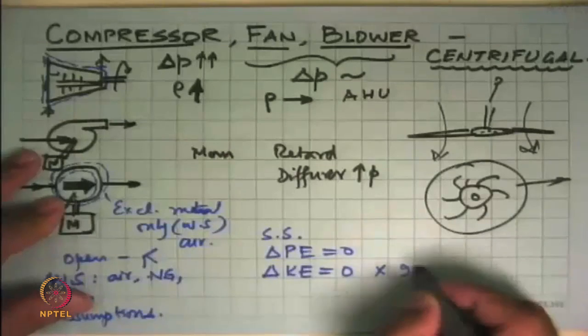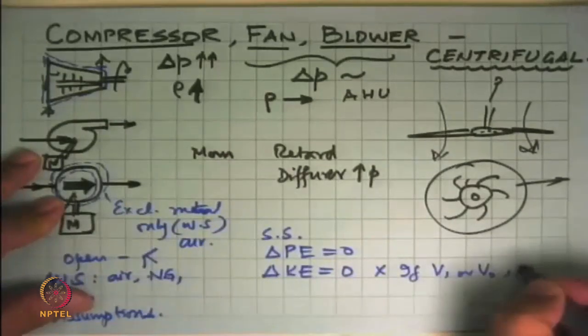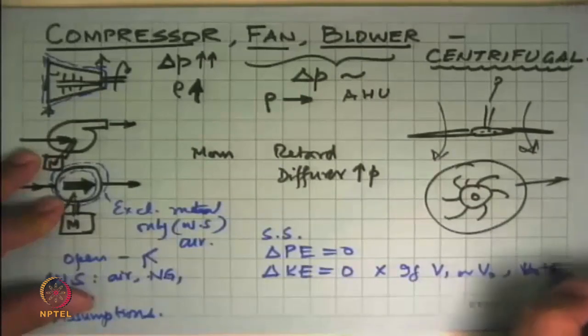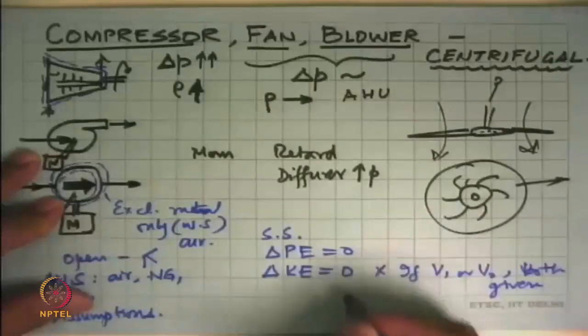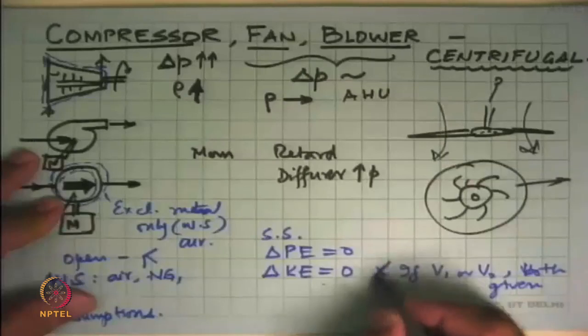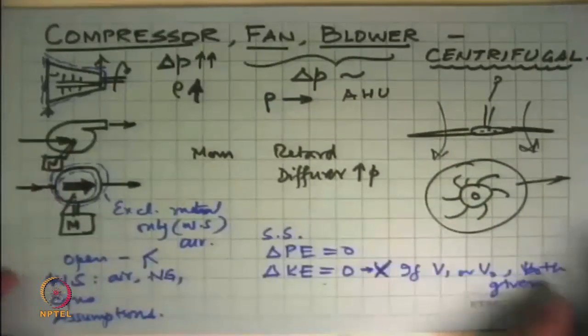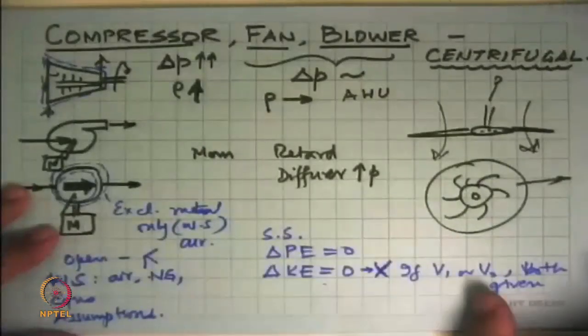So if V1 or V2 or both are given, then this is not the case, and assuming zero would be wrong. Once we do that, we get to the equations, and then we are in a position to solve.